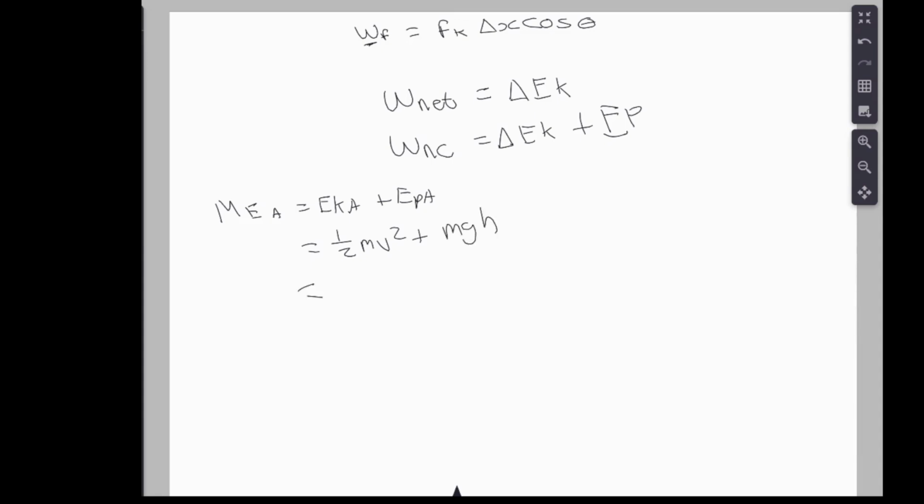There was no velocity, so it's 0, plus the mass is 10 times 9,8 times 4 meters.